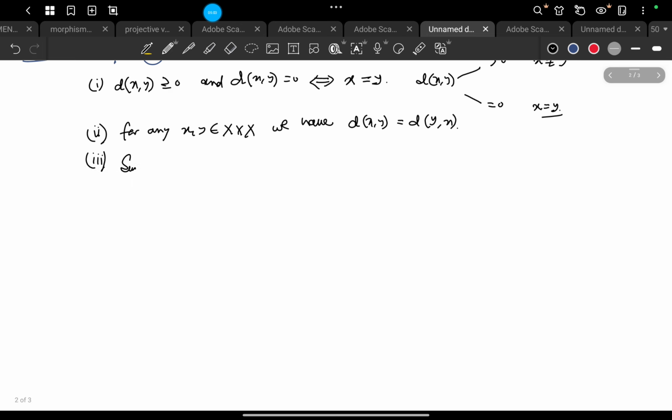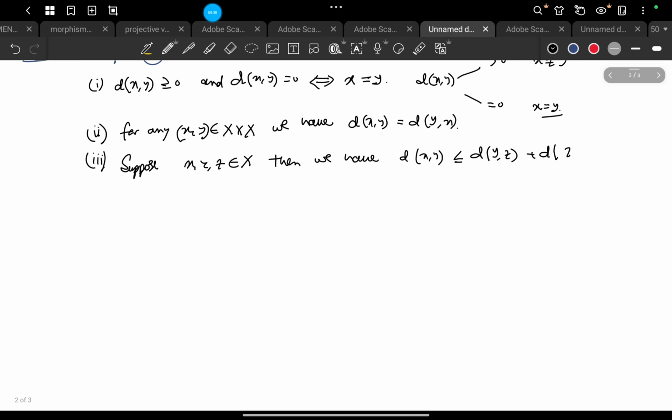And number three is that suppose x comma y comma z belongs to X be any three elements from capital X. Then we have d of x comma z is less or equal to d of x comma y plus d of y comma z.